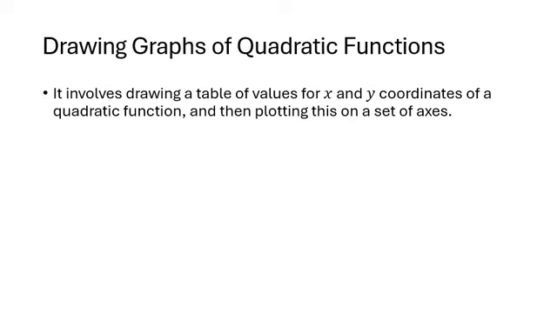How can we draw graphs of quadratic functions? Basically, it involves drawing a table of values for x and y coordinates for the quadratic function, and then we plot those values on a set of axes, on graph paper where you have x and y axes.